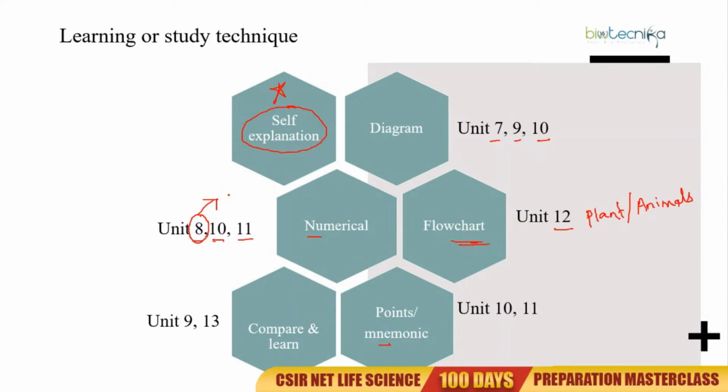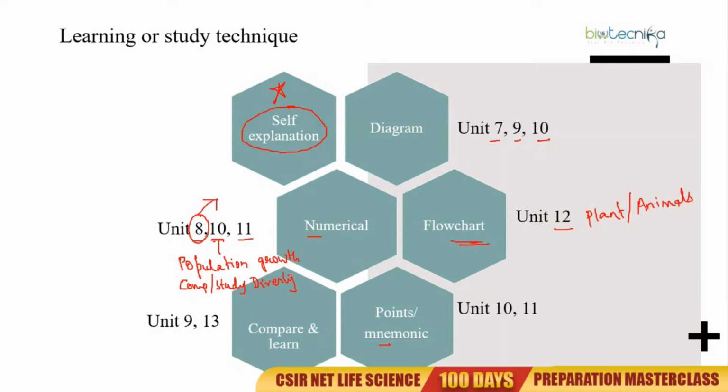That is the trick to solve the numericals. One and only trick. From unit 10 you can get few numericals, like from population growth. You can get numericals from your community structure, when you are studying the diversity of a community.